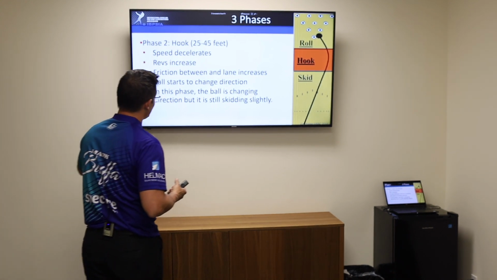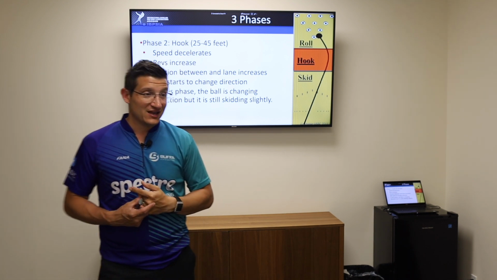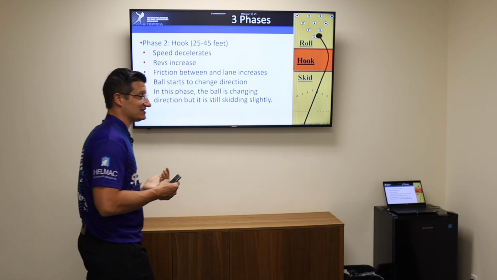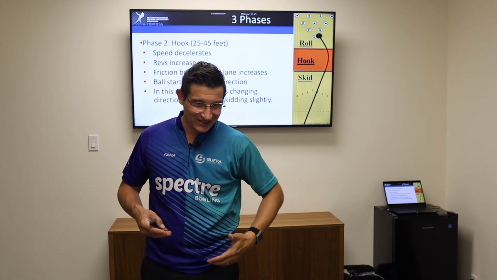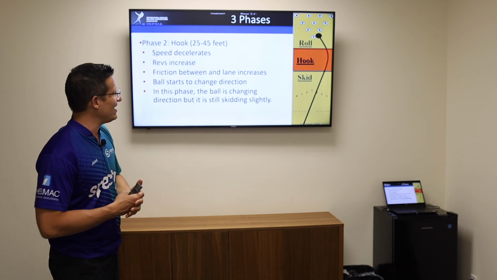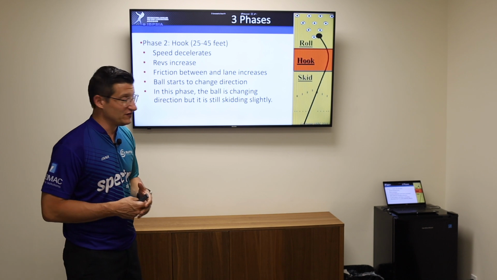So here we say in the hook phase, usually on a house shot between 25 to 45 feet, okay? Sometimes in some tournament scenarios, like I said, later in the block, it could be 5 feet, okay? That's why we see people lofting the lane because they're trying to counter that and make the ball hook a little bit later, okay? So what happens in the hook phase, okay?